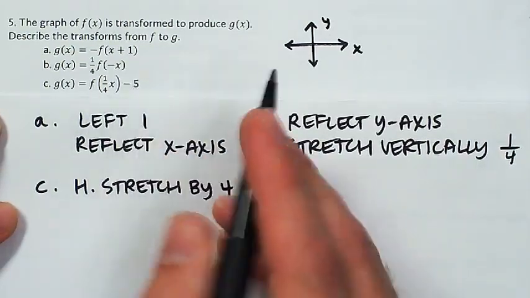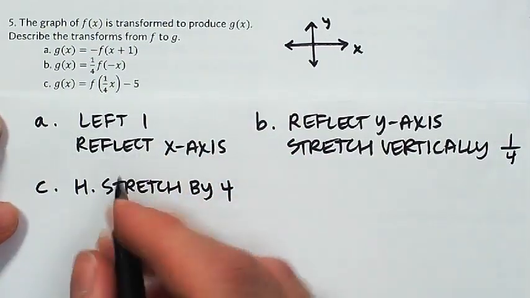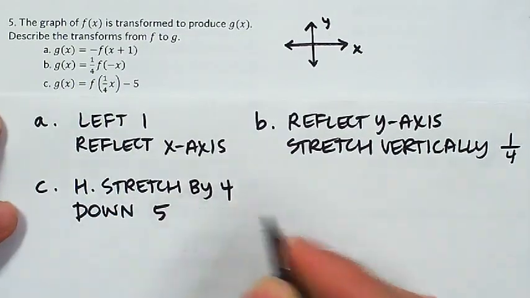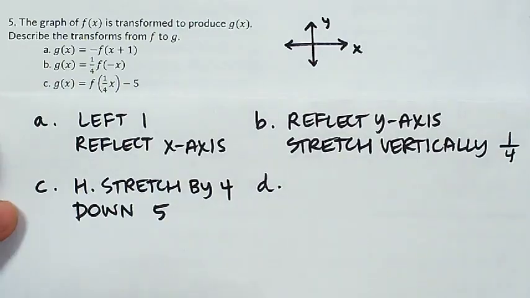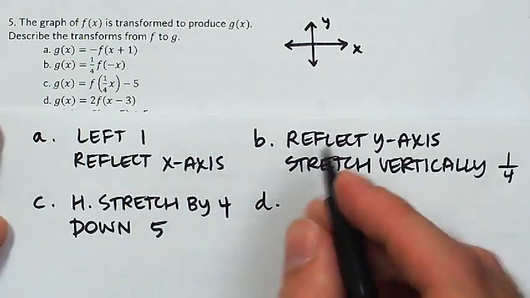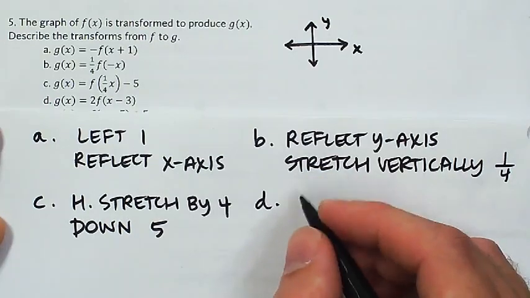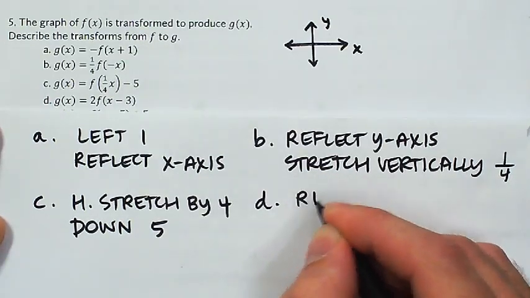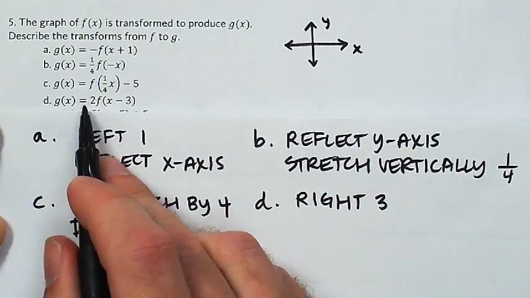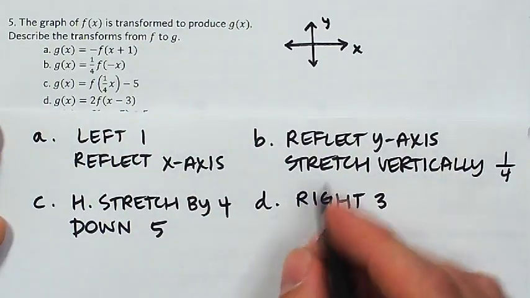And then subtract 5 is a shift down 5. Next one is 2f of x minus 3. All right, so the x minus 3 is going to be right by 3. And the 2 is going to be a vertical stretch by a factor of 2.